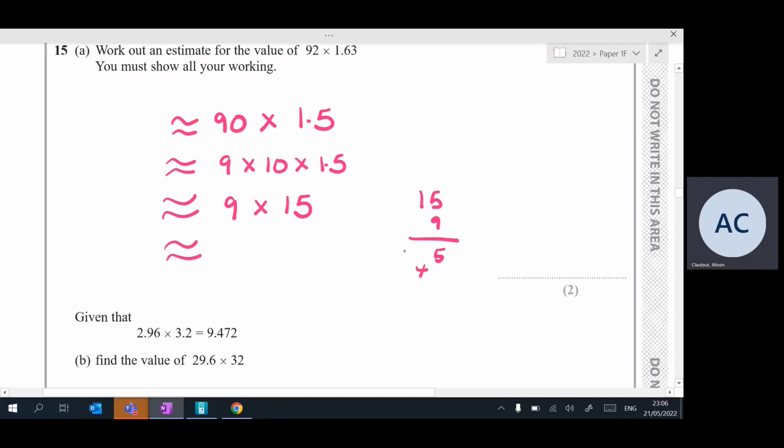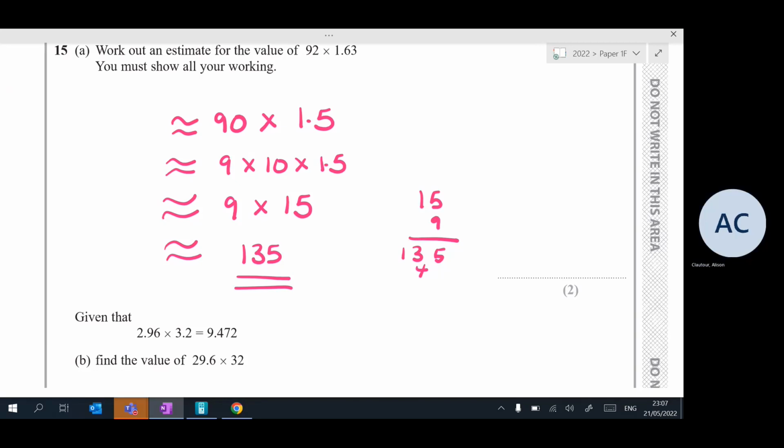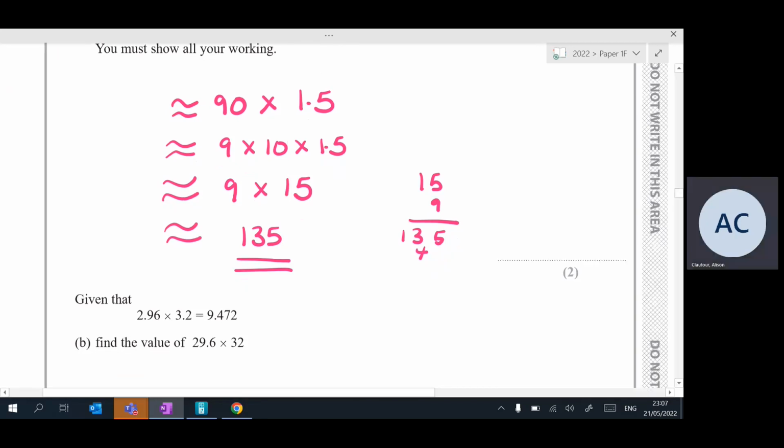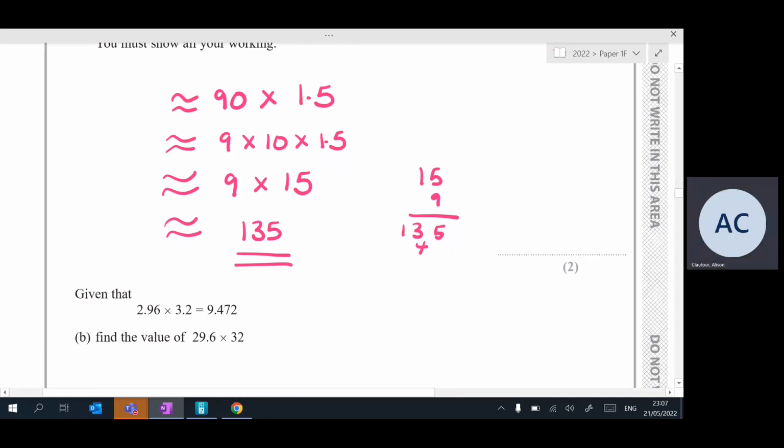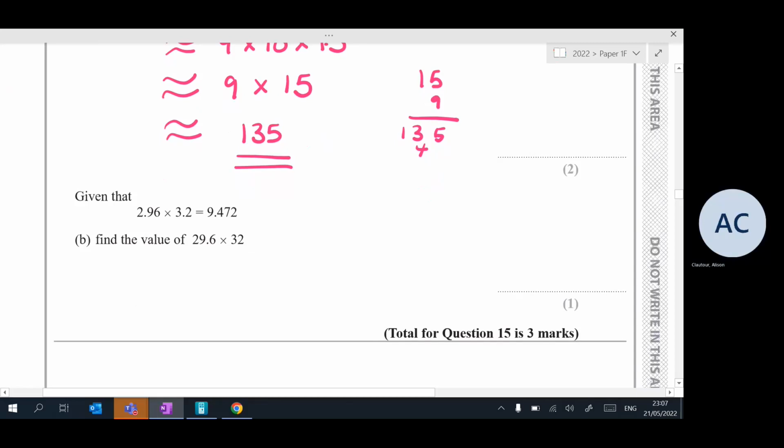And 9 times 1 is 9. So 135. They will give you quite a big range for that question. So they could give you anything. So they might say 135 to 180, for example, as long as you round it to a sensible answer.